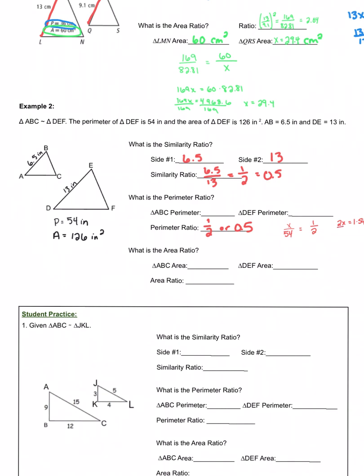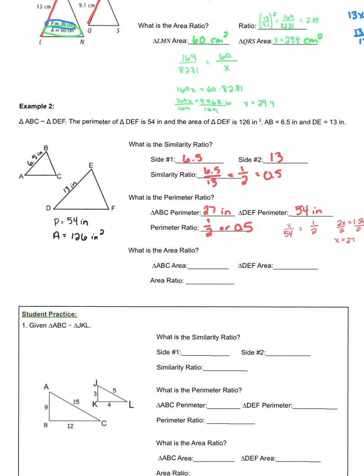And then we're going to divide by 2. X is 27. So my first triangle is going to have a 27 inch perimeter, and the second one was 54, because that was given to me. Now, area ratio, remember this is the one where it changes.